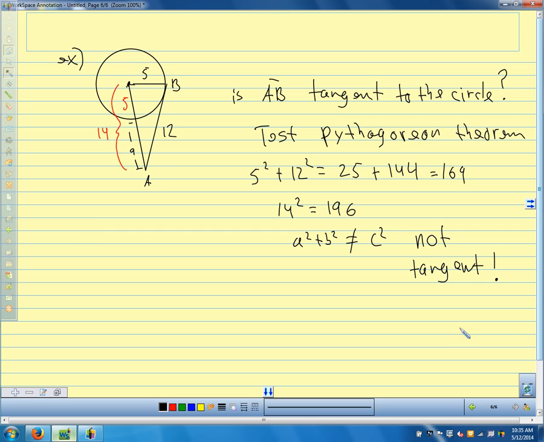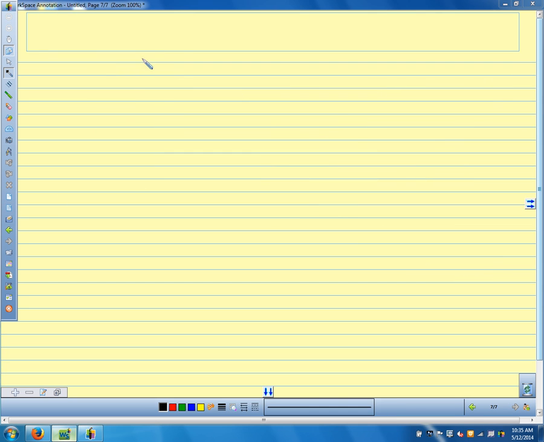Okay, last theorem for this section. This one doesn't have a special name, so we're just going to call it a theorem. Another theorem about tangent segments and circles.